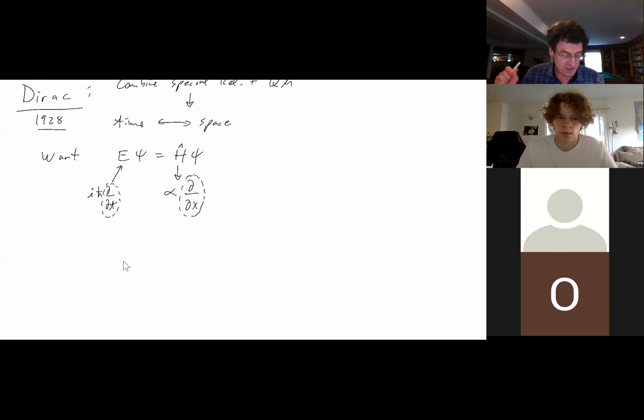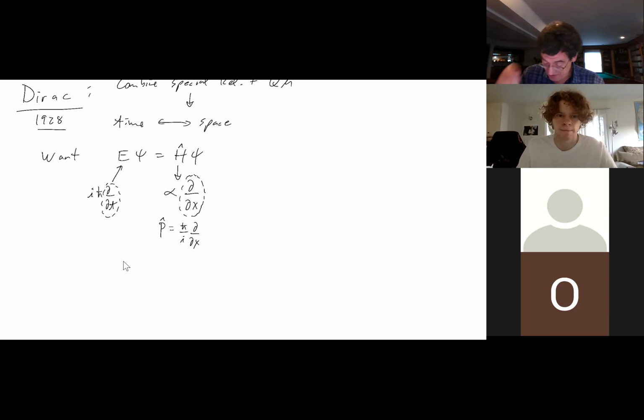So what Dirac said is, well, look, in quantum mechanics, the momentum operator is equal to h bar over i d/dx, right? And we like that, a single spatial derivative.